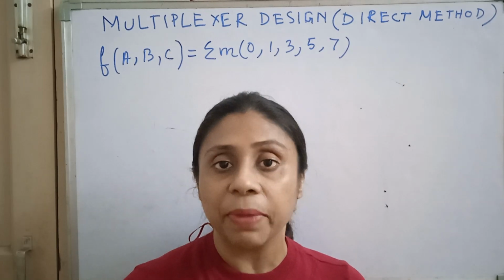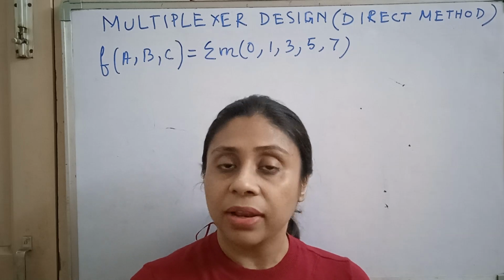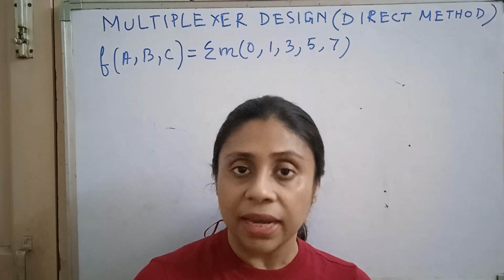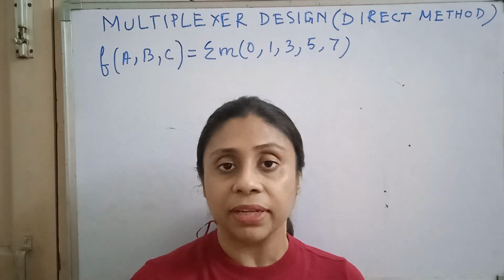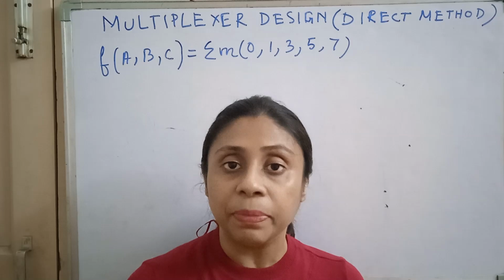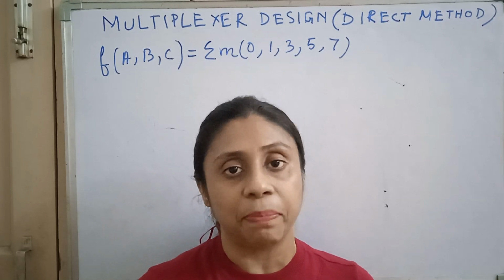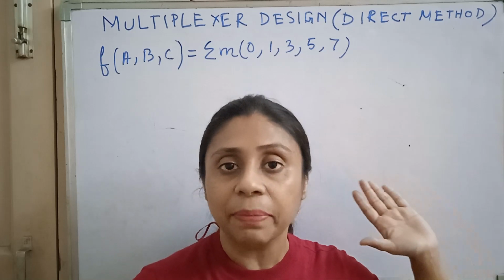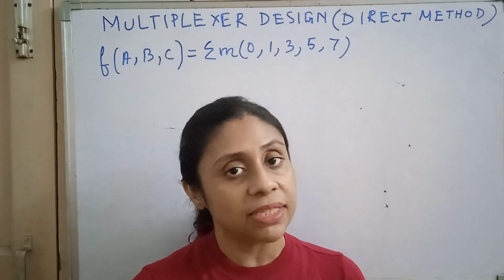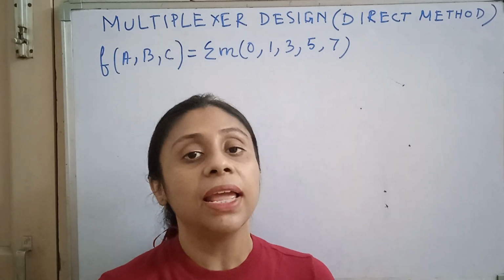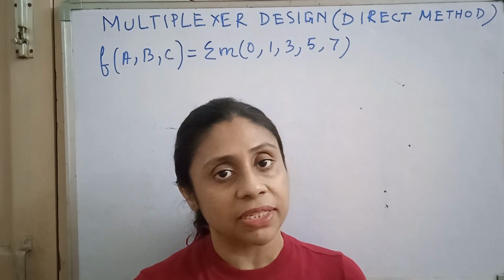But in the indirect method, the size of the multiplexer is just half, right? If we implement the same expression using the indirect method, then we will be able to implement it by using just a half size multiplexer. That is, in the direct method we need to use an 8:1 multiplexer, but if we design the same thing by using the indirect method, then we will be able to design it by using a 4:1 multiplexer, right?